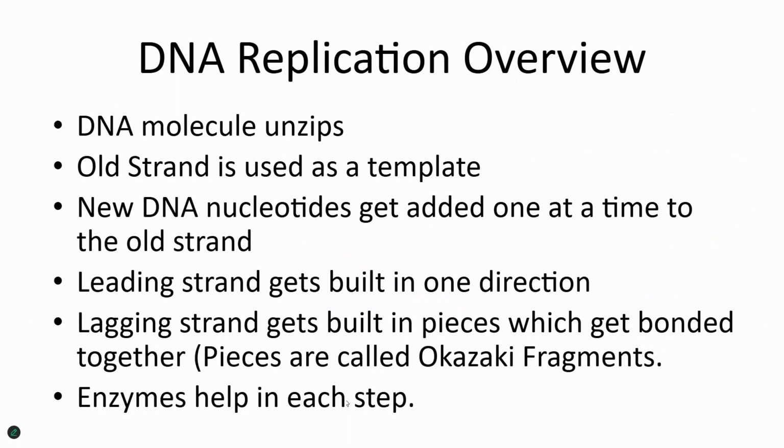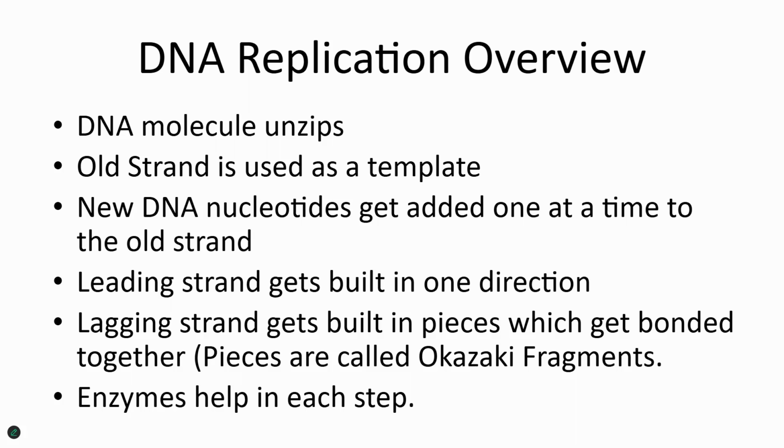So when we look at DNA replication, a quick overview, we've got the DNA molecule unzipping. We've got the old strand used as a template to build the new strand. Using the template strand as a guide, you're going to add new DNA nucleotides one at a time to build the new strand.